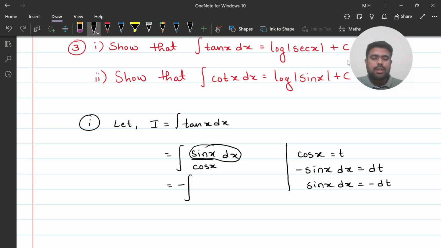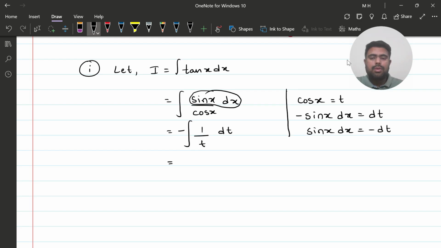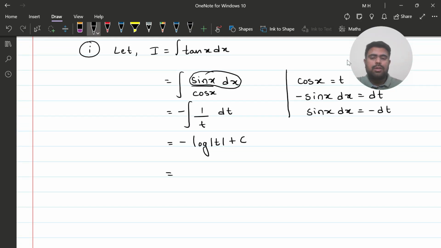I will take the minus out and write dt, 1 by cos x, which is t. So this is equal to minus of the integral of 1 by t, which is log mod t plus c. So this is equal to minus log mod t, where t is cos x, plus c. Definitely the integral of tan x is minus log mod cos x plus c.